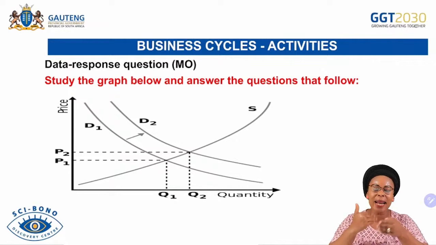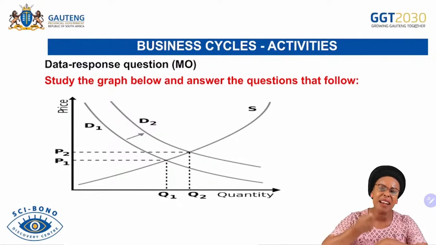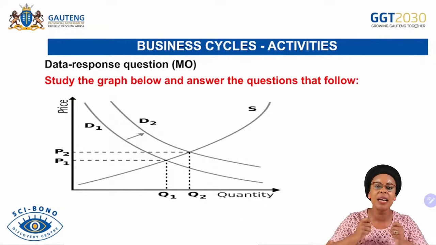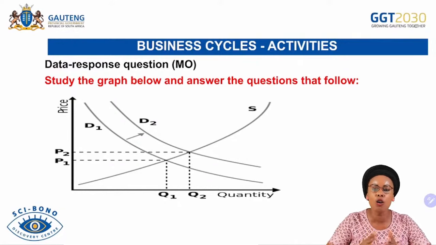So remember, practice makes perfect. If you practice a variety of data response questions, even if you come across a different one, you will have the skill to respond exceptionally well, and out of 10 you can get 10.